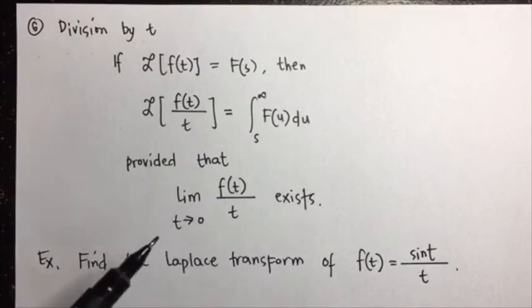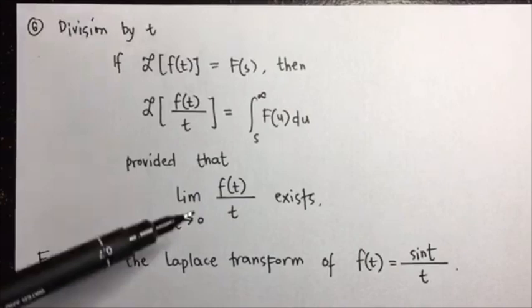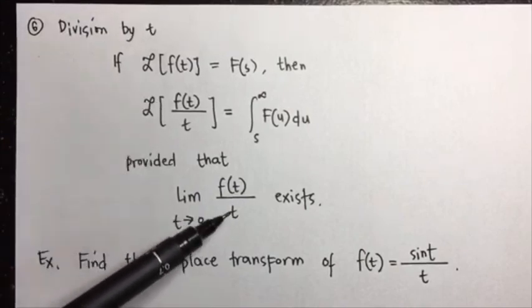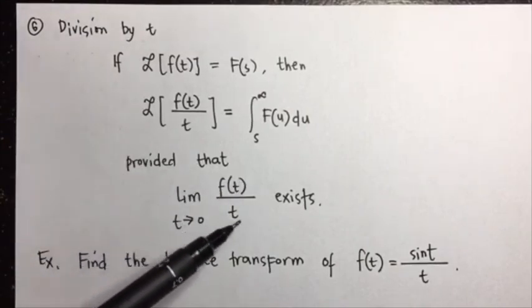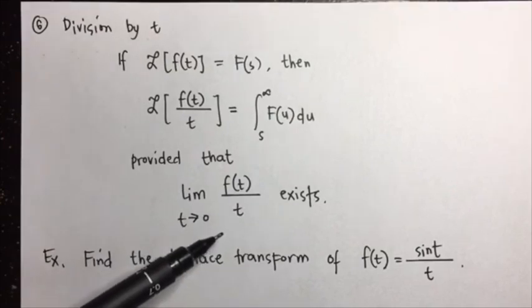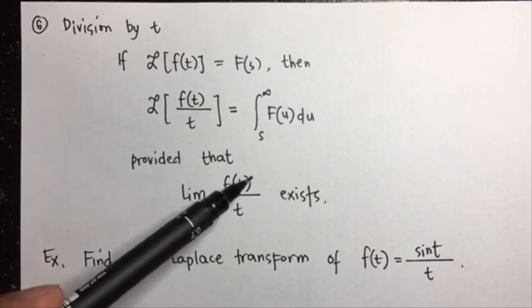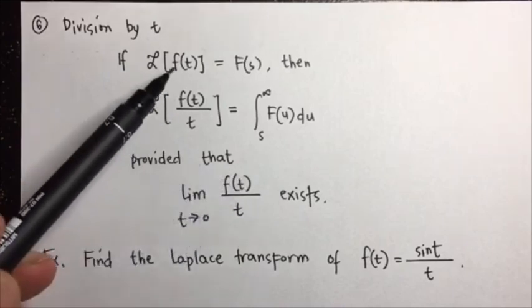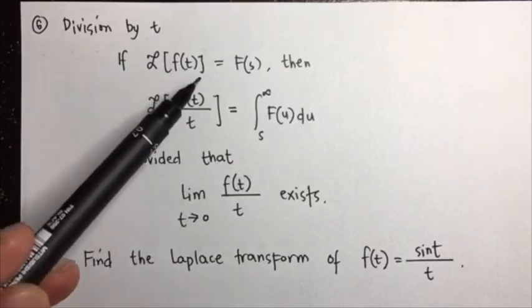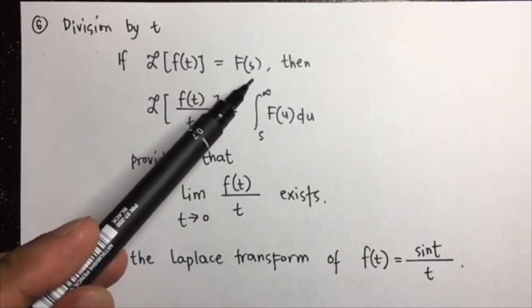The first thing that you should do if you see a Laplace transform problem that is division by t is to test if the limit exists. If the limit exists, then what you need to do is find the Laplace transform of the numerator. So the Laplace transform of the numerator f(t) is equal to F(s).